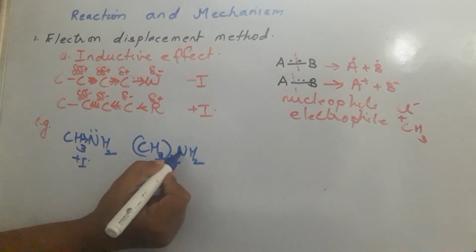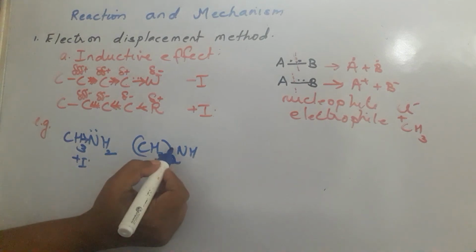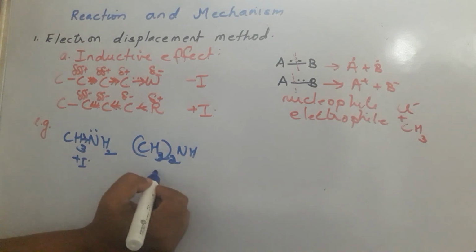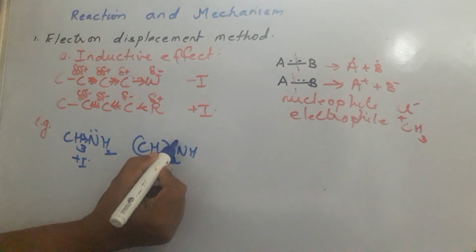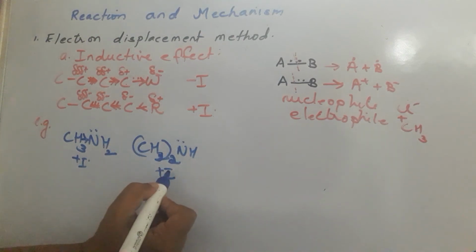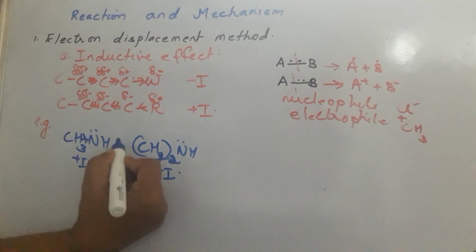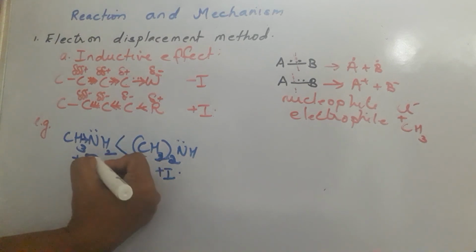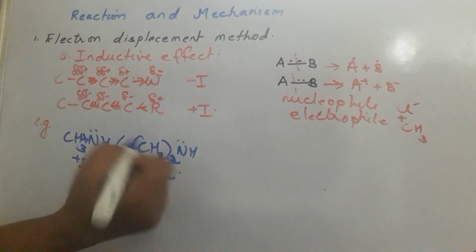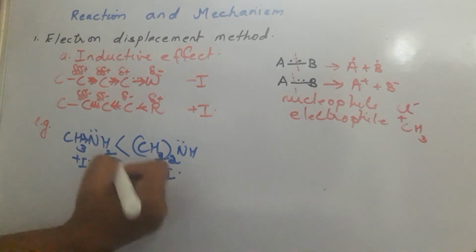Dimethylamine has two methyl groups attached to the nitrogen, so it will have a comparatively greater plus I effect. So the electron density on the nitrogen increases more. Since the plus I effect is more in dimethylamine than in methylamine, it is more basic than methylamine. So the basic character can be explained on the basis of plus I effect.